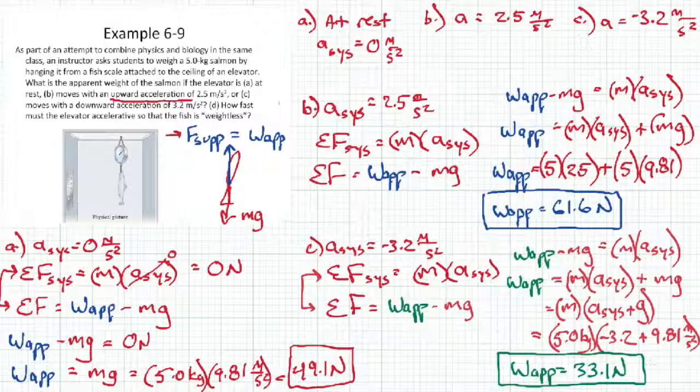Now, I'm not going to do part D for us right here. But let's just think about this for a second. How fast must the elevator accelerate, so that the fish is, quote, weightless? That means so that the fish has zero apparent weight. Well, if it's accelerating upwards, that means it's going to have an increased apparent weight. If it accelerates downwards, like right here, it has a decreased apparent weight.